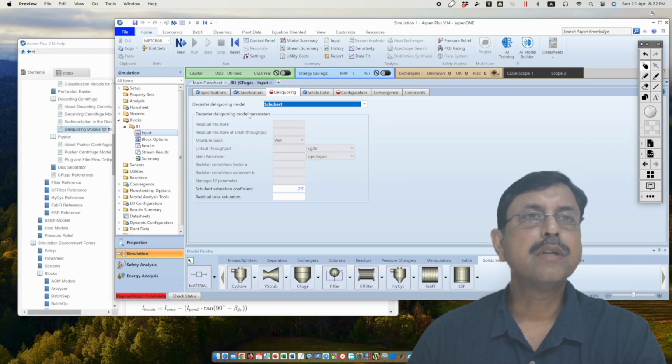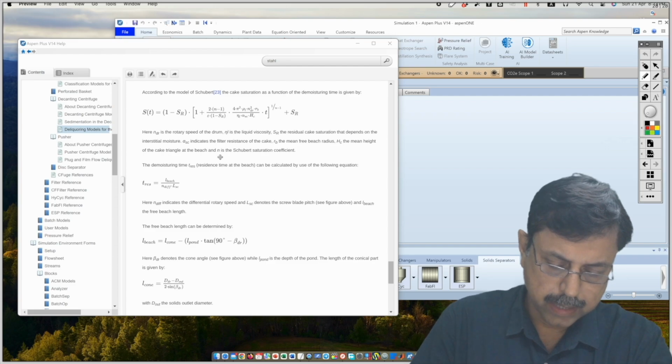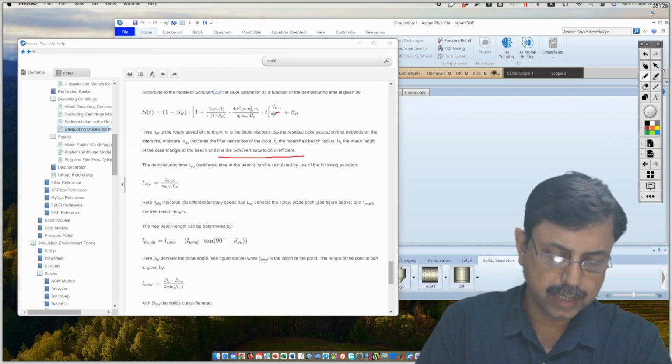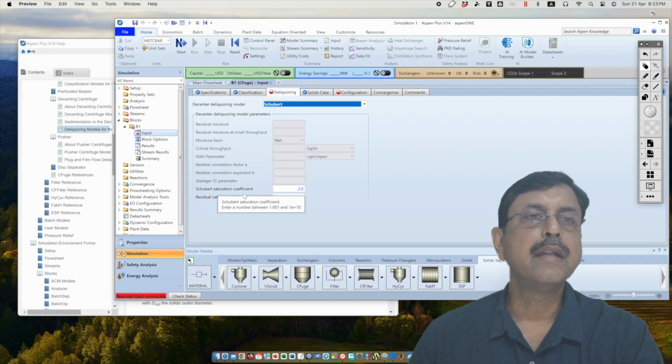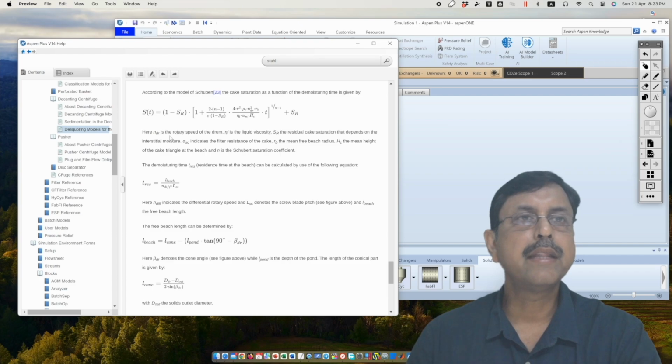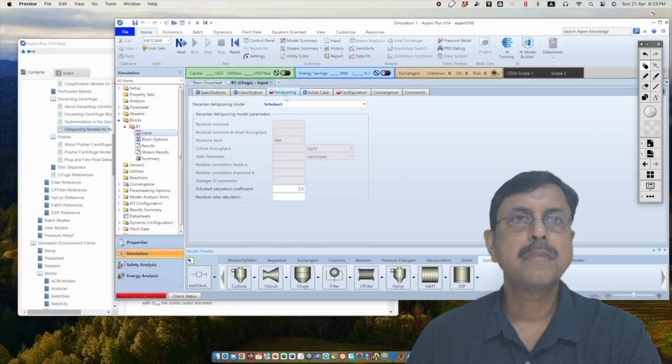The Schubert saturation coefficient, this is the Schubert saturation coefficient N. N is used over here. So you have to provide this Schubert saturation coefficient and residual cake saturation. So all those information are required over here, so you can provide them and Aspen Plus will calculate them accordingly.